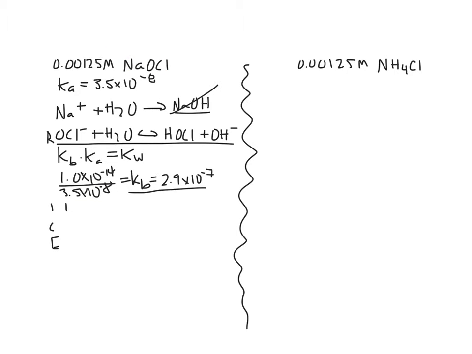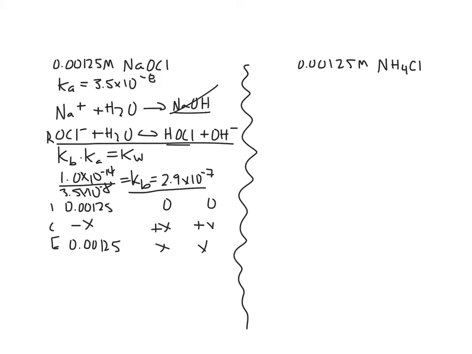So we're going to start with the initial concentration of 0.00125. Again, we'll have no hypochlorous acid to start, and we'll have no hydroxide ions. But we expect to lose some of our hypochlorite ion here, and then gain some here and here.